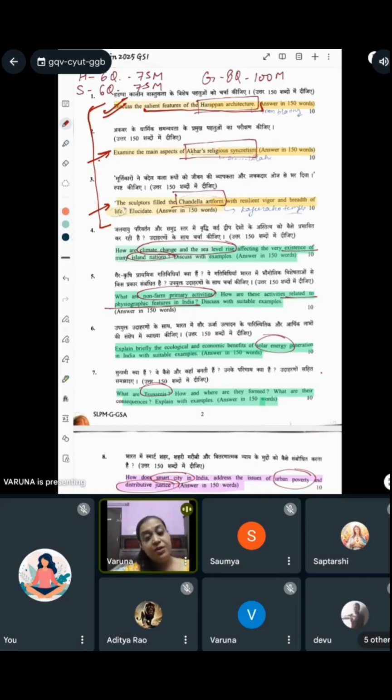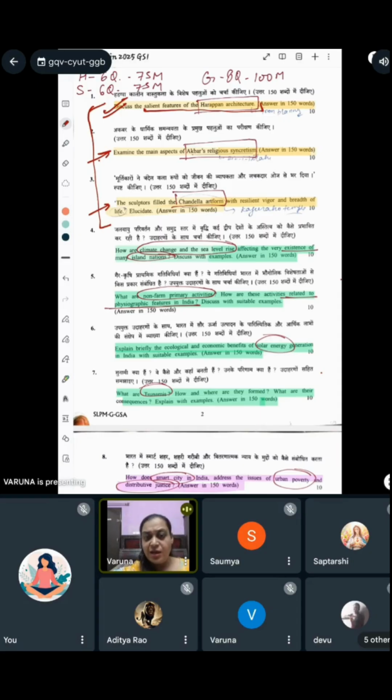So still, if we are writing some generic points like how it has impacted or presenting the society of the time, the stature of women, all those sort of things we can write. These are generic points, but if we add just the examples related with Chandelas, the question could be easily dealt with.